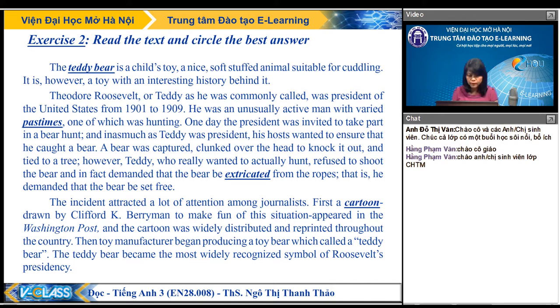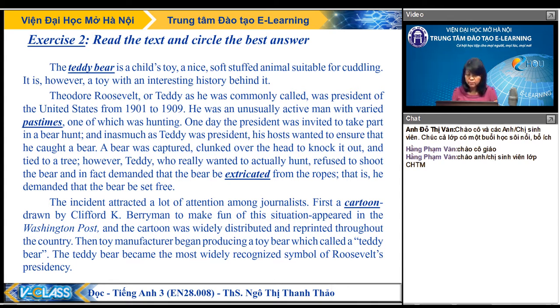Here, the last sentence of the second paragraph: Teddy, who really wanted to actually hunt, refused to shoot the bear, and in fact he demanded that the bear be extricated from the rope.